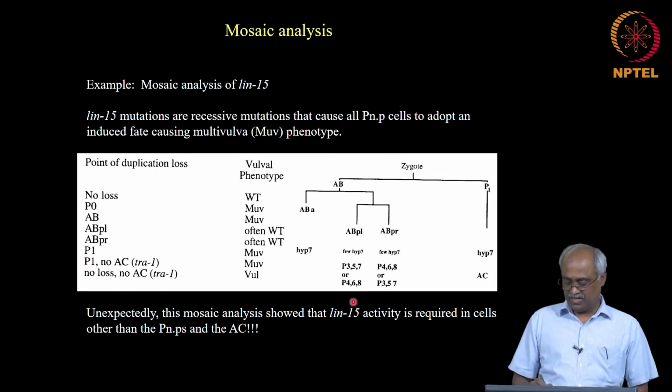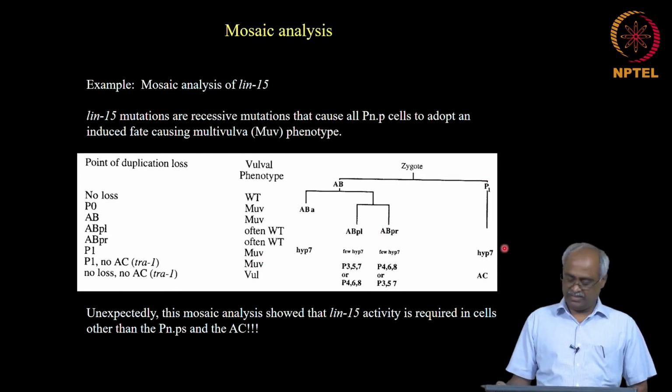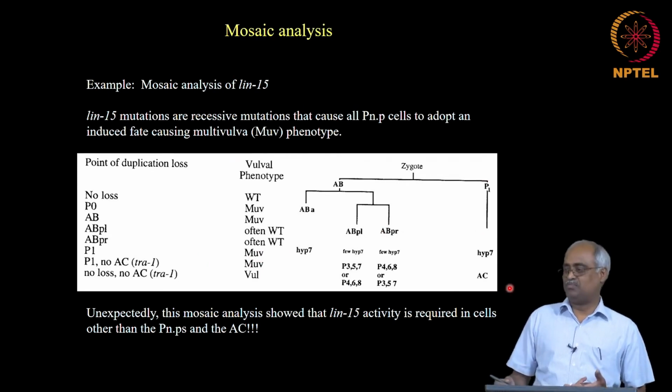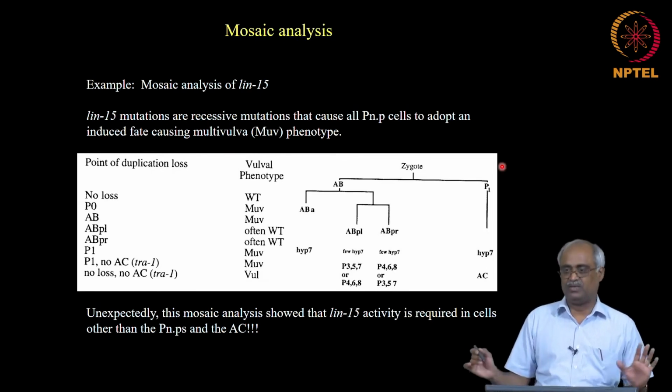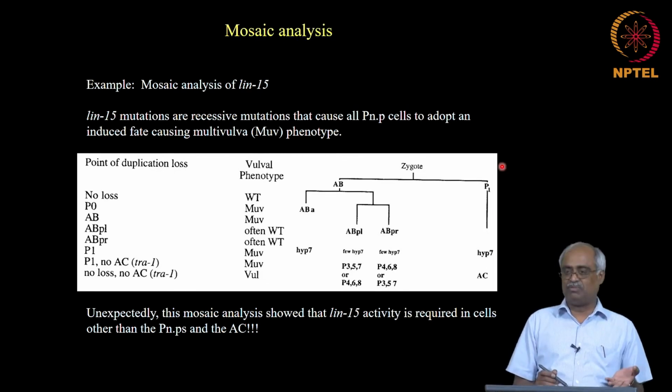Now you go further, you find in P1 you are losing. Look at the PNPs, these are coming from ABPL and ABPR, they are not coming from P1. But when you lose it in P1 also, you are having problems. Not surprising, because we know the anchor cell is important for vulva development and the anchor cell comes from P1. So, not surprising, it is required in both AB and P1.